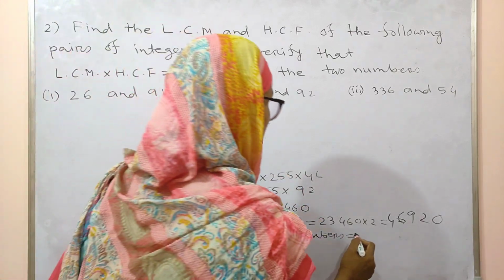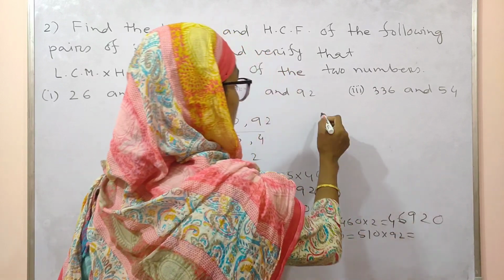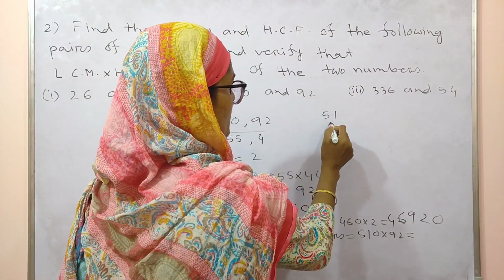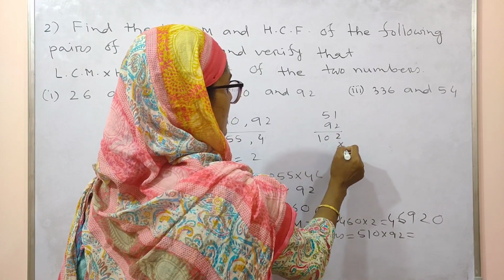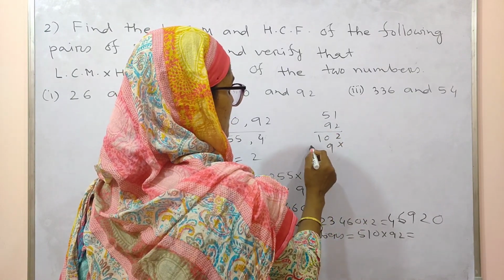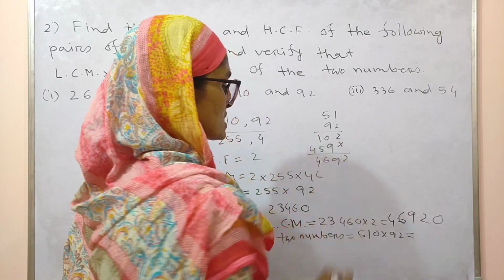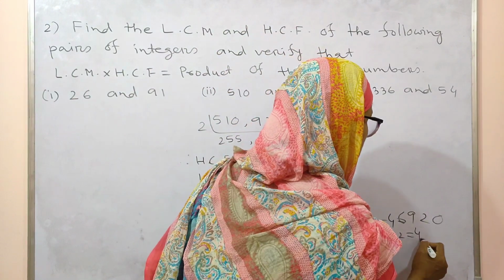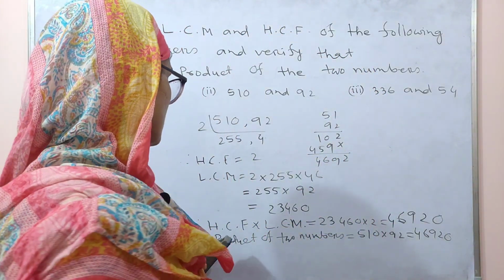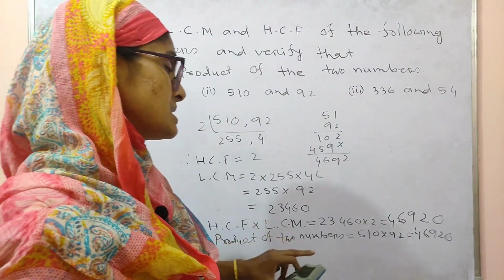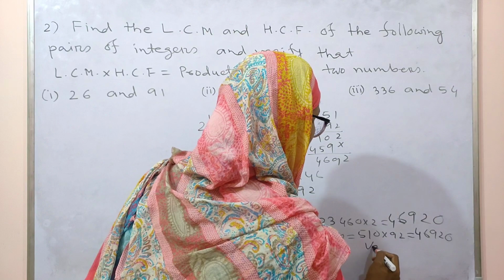Here 510 and 92. So what you will get? 510, that means 51 and 92 multiply. 2 ones are 2, 5 2s are 10, 9 ones are 9, 5 9s are 45. So 4692, and 10 is there. So what you got? HCF into LCM equals the product of two numbers. This one is verified.